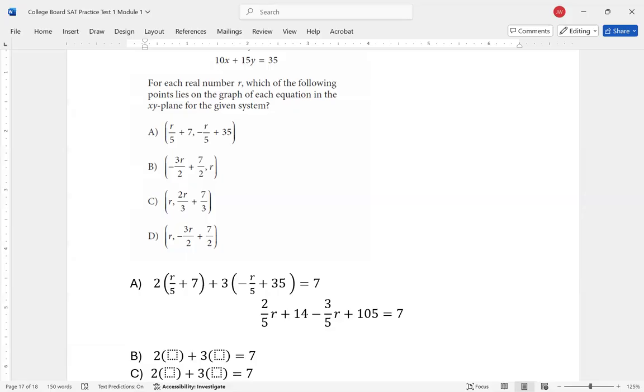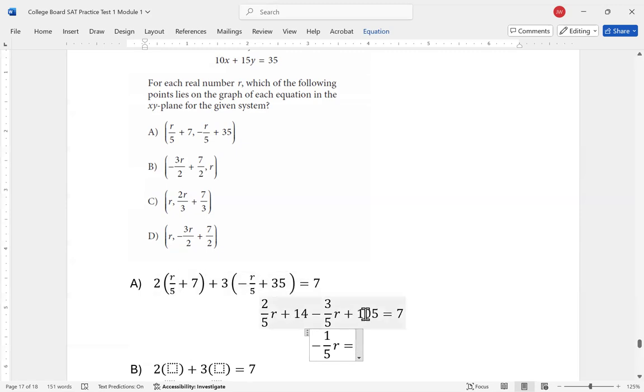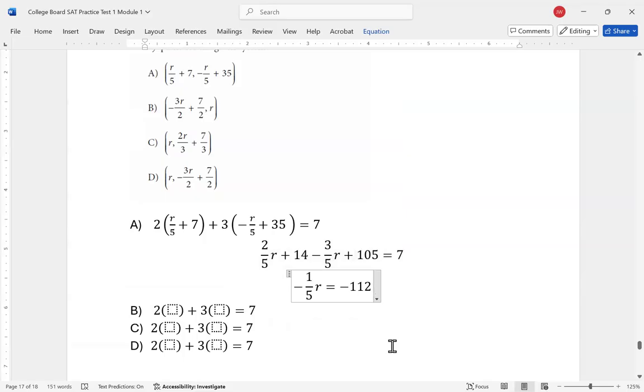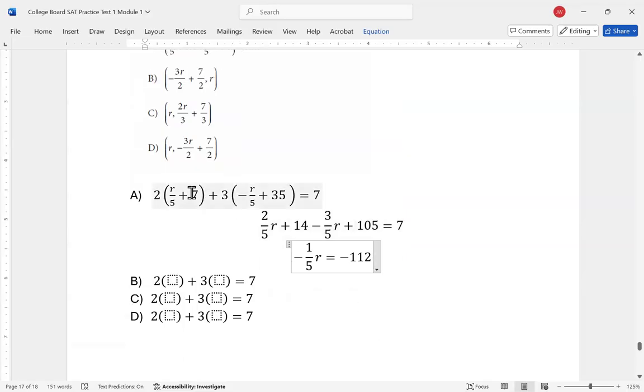Well, it's clearly not. We're saying negative 1/5 times r equal to a constant for all values of r. That's not going to happen. So 14 plus 105, and that is 119. Subtracting 119 from both sides would give you a negative 112. That is not true for all real values of r. So A does not work.